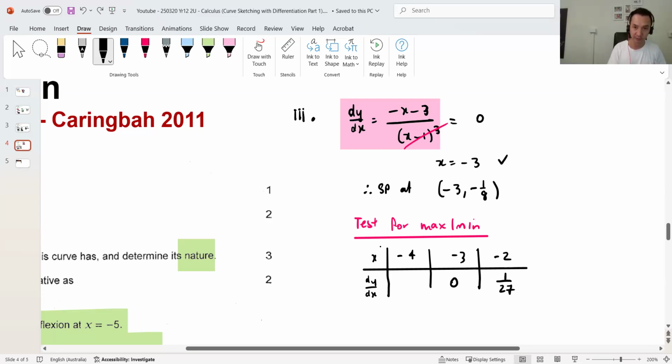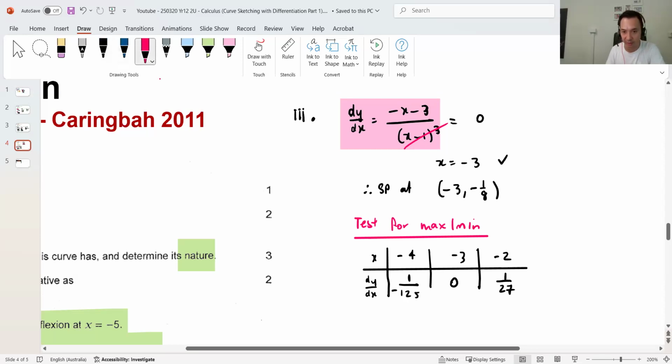Let me just do it. So you get 1 on top, yep. And the bottom, what's minus 4 cubed? My brain's not working very well tonight. Minus 125. Good. Okay, cool.